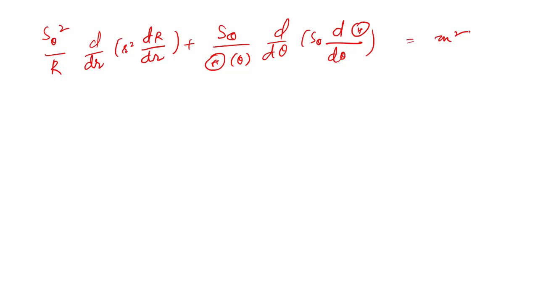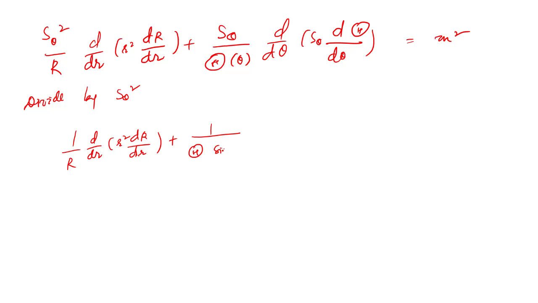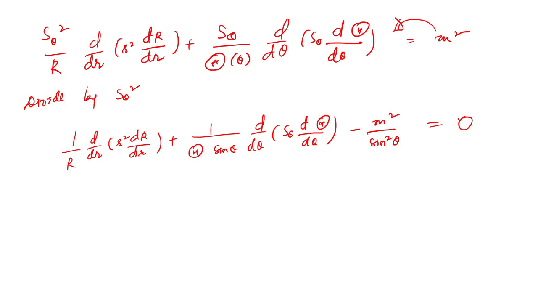Now if I divide this entire equation by sine squared theta, then I would get 1 over r d by dr, r squared dr by dr, plus 1 over theta sine theta d by d theta sine theta d theta by d theta. If I bring this m squared to the other side, I would have minus m squared by sine squared theta is equal to 0.